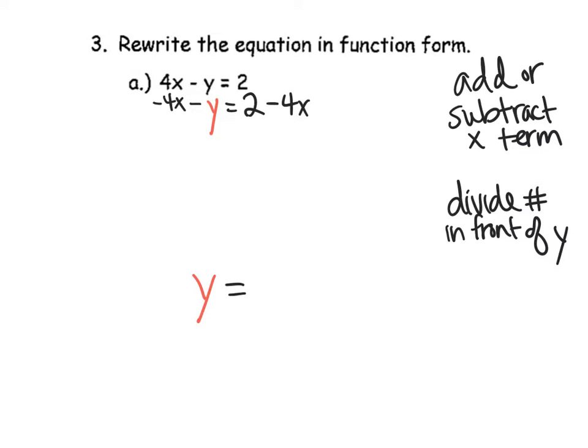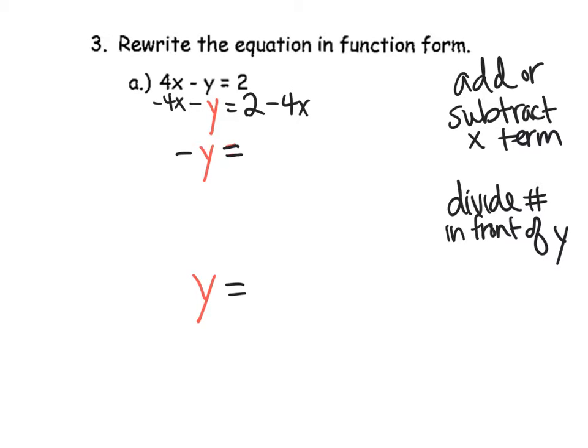And remember how right after the equal sign, I want your x term. So I don't like the order that this is in either. So let me rewrite it. I don't want the 2 to be right after. I want the negative 4x to be right after.